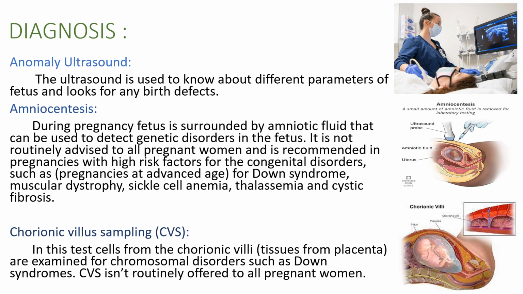Chorionic villus sampling. In this test, cells from chorionic villi, that is, tissues from placenta, are examined for chromosomal disorders such as Down syndrome. CVS is not routinely offered to all pregnant women.